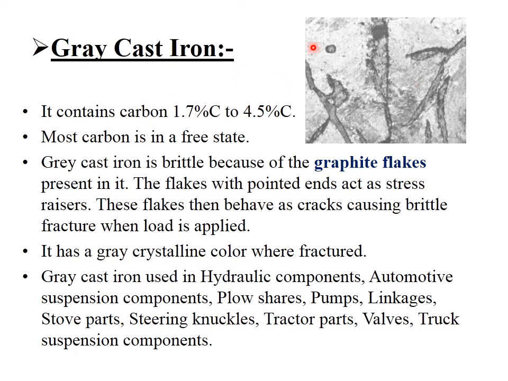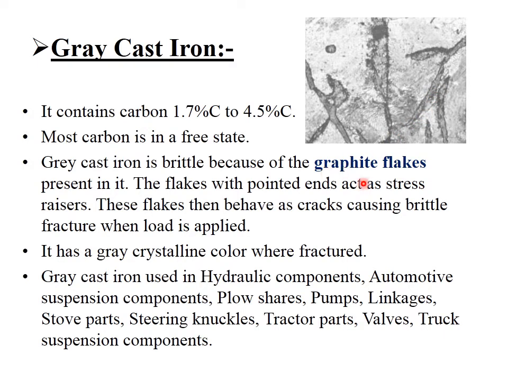Now just observe this microstructure for a few seconds. If you observe this microstructure, then you can see a number of flakes, the lines you can see. This is one line, two lines, three, or you can see the flakes having some branches. So basically these flakes are nothing but the graphite, right?